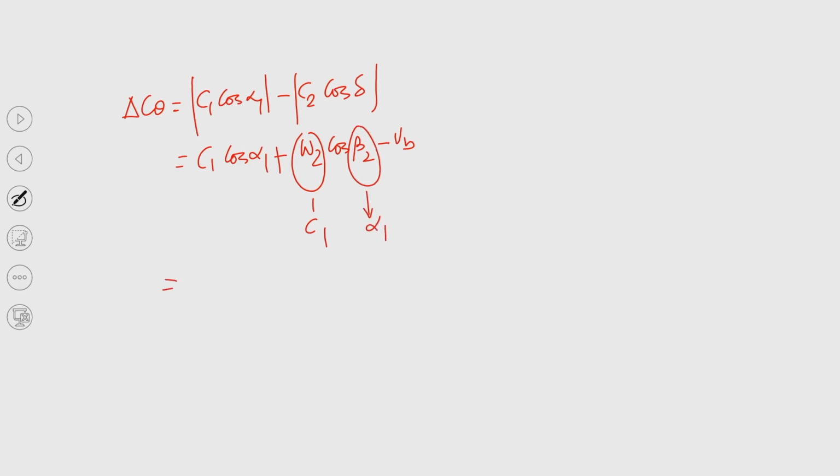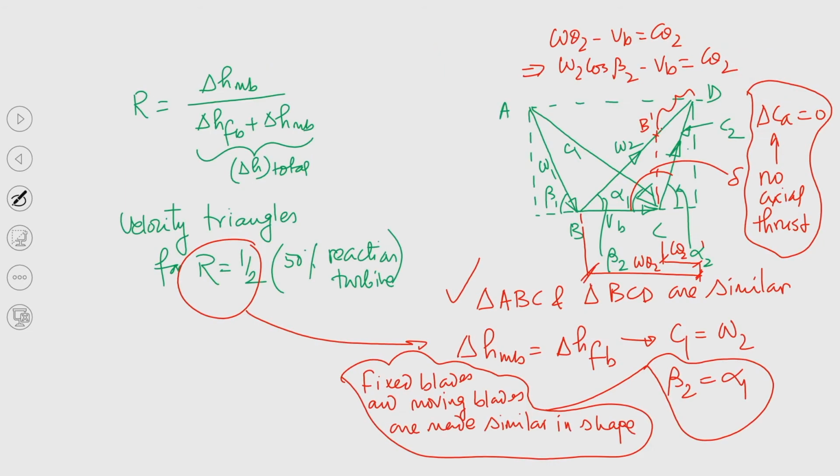So, it will be 2 C 1 cos alpha 1 minus V b. See, you also can write this delta C theta from the velocity triangles, right. You can simply write from this velocity triangle. See, it is nothing but W 1. So, basically you have to find out C theta, so that is total. So, W 1 cos beta 1 plus W 2 cos beta 2.